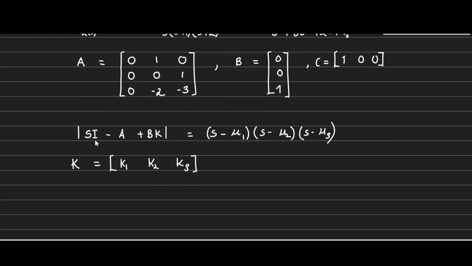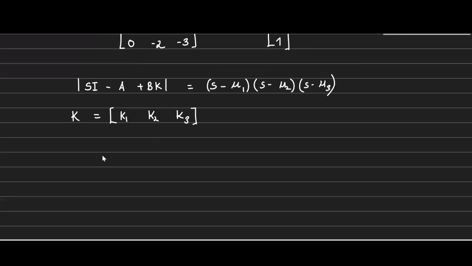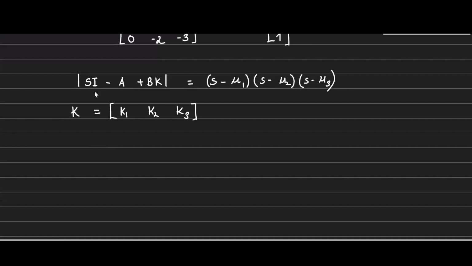So let us find this sI minus A plus B times K. So what is sI? Remember I here is a 3 by 3 matrix because of a third order system. Our I now looks like this: 1, 0, 0, and then 0, 1, 0, and 0, 0, 1.